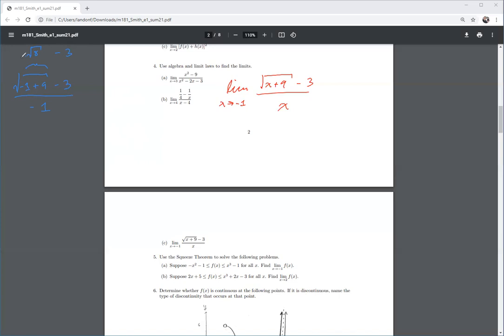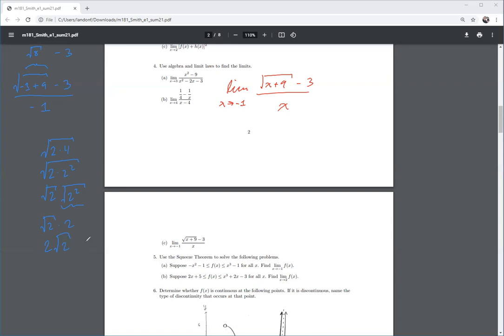Okay, so this ends up being, I think that's the square root of 8, right? And then we have our -3 still, and then -1 at the bottom. And let's see, we can simplify the square root of 8 a little bit. Square root of 8 is the square root of 2 times 4, and the 4 is a square, 2 squared. And then we break this up. The square root and the square cancel. So then we get a square root of 2 times 2, or written a bit more compactly, 2 root 2.